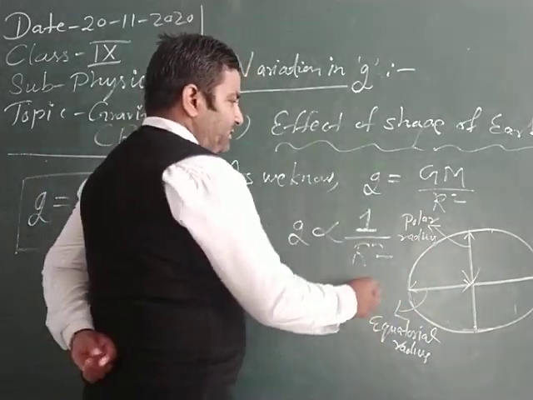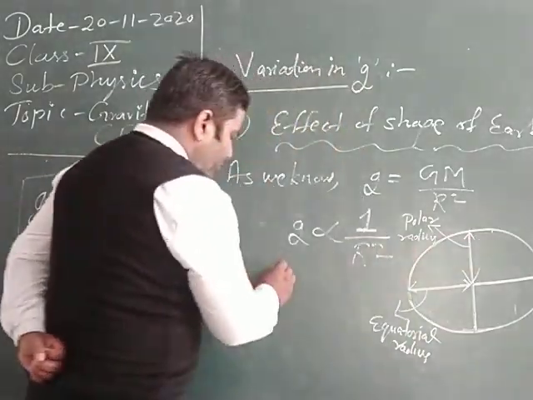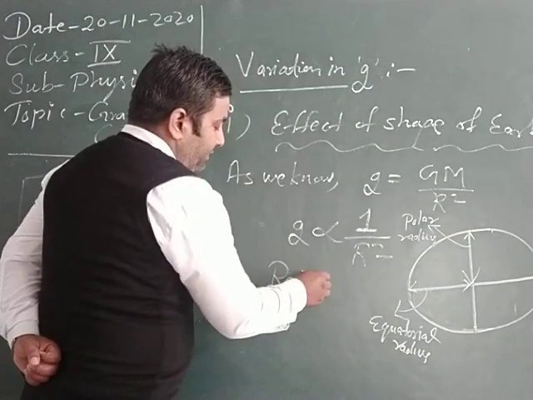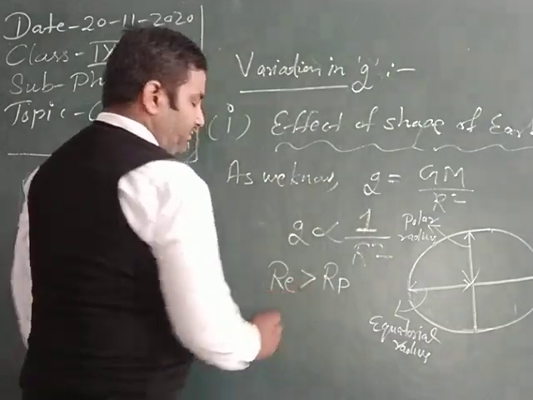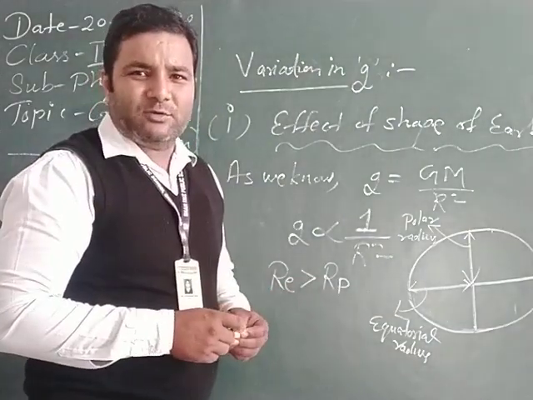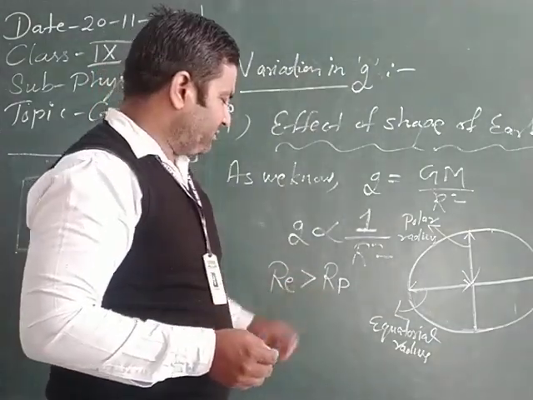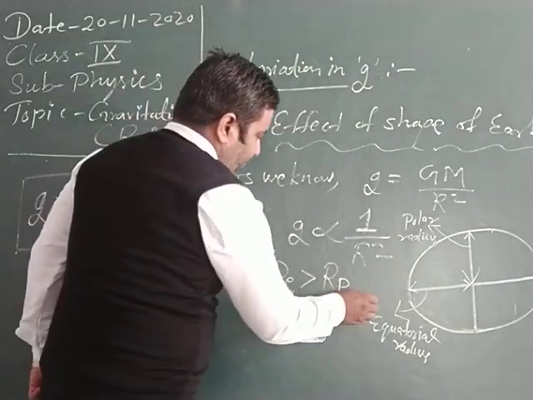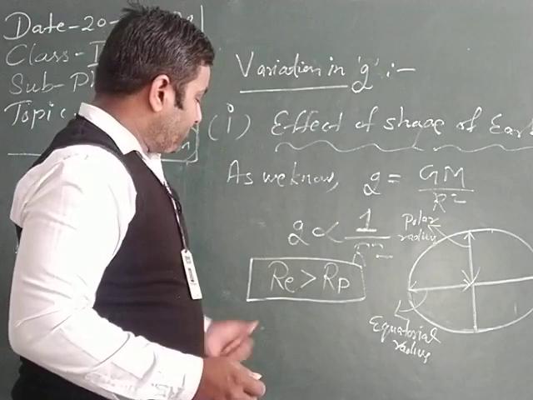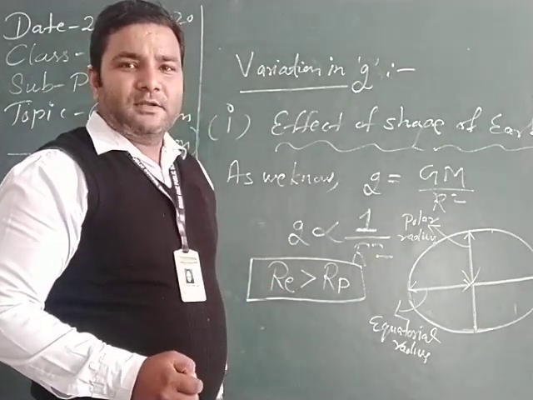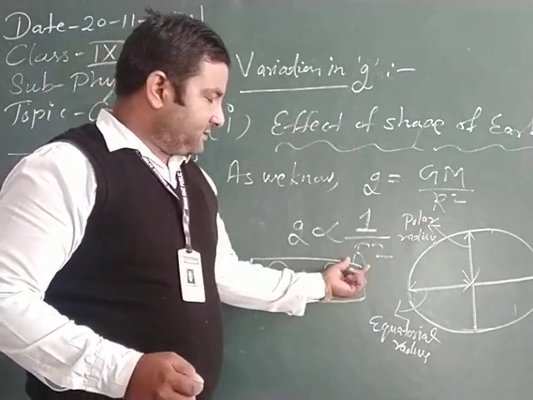By how much? The equatorial radius RE is greater than RP. The difference between both is about 21 kilometer. So radius greater means what?